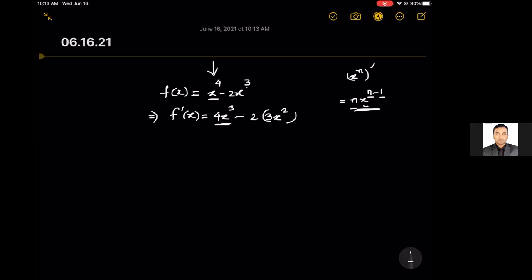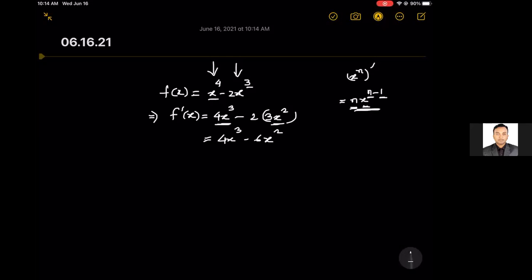Because n is 3 on this occasion, so 3x to the 3 minus 1, which is 3x squared. Do you agree? This is for the second term, by the way. So that means it's 4x cubed minus 6x squared.